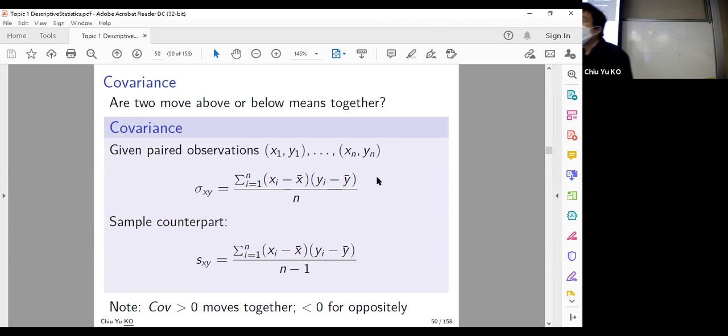Then you ask, what is the paired observation here? Each day, you can see the price movement, or what we call the return, of one stock. Then you will have a dot here. This dot represents today's return of the Hang Seng Index and the return for, say, HSBC. How do you calculate return?